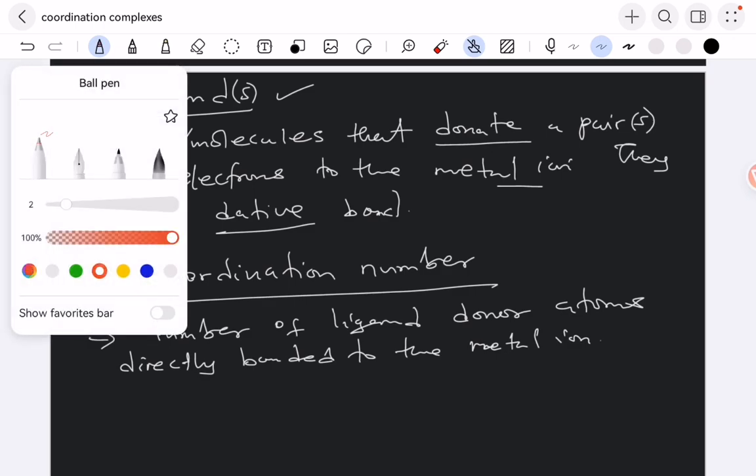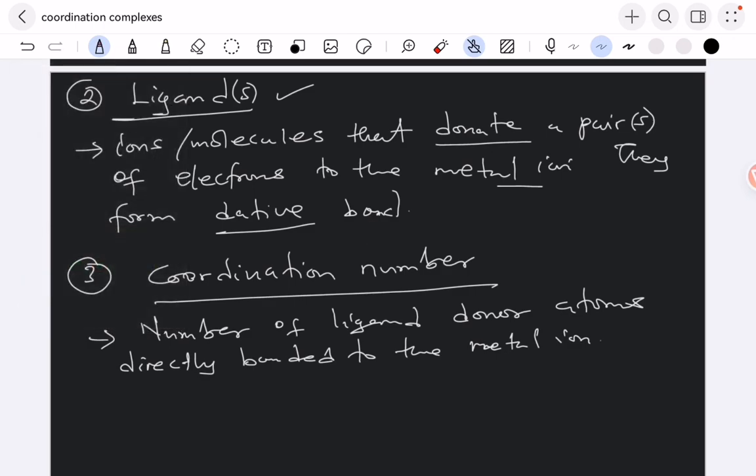Just to give an example, we have this complex, which is called hexacyanoferrate 3. So here we are looking at the number of ligands.